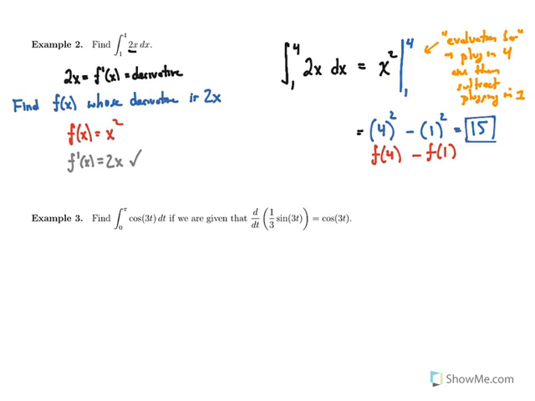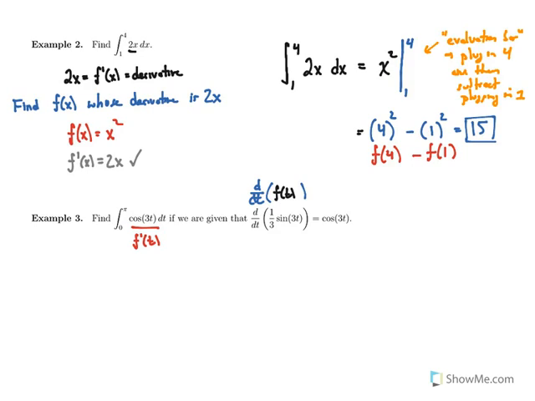So let's do it again. Let's have the integral from 0 to pi of cosine of 3t dt. In this case, we are given what the antiderivative is. So we're saying cosine of 3t, this is our derivative, f prime.